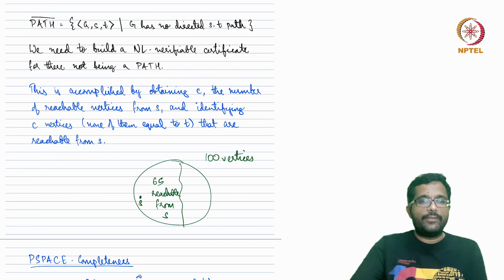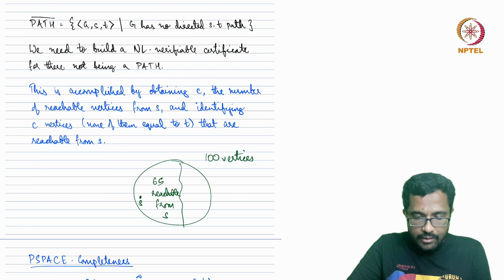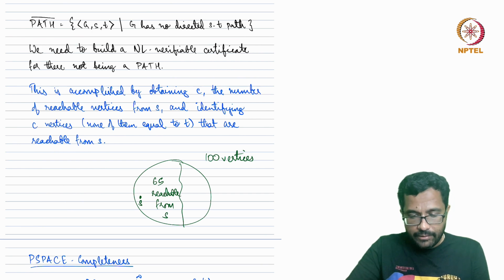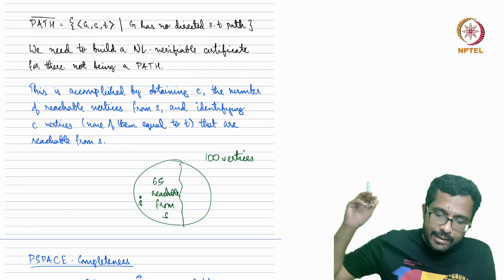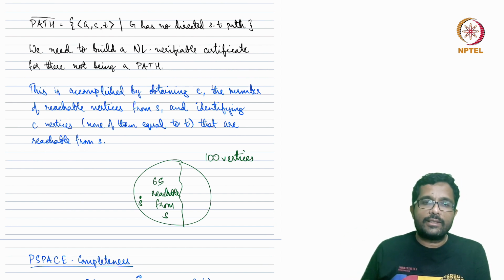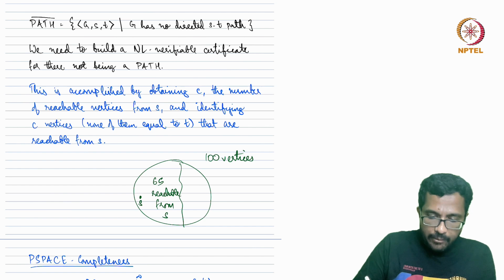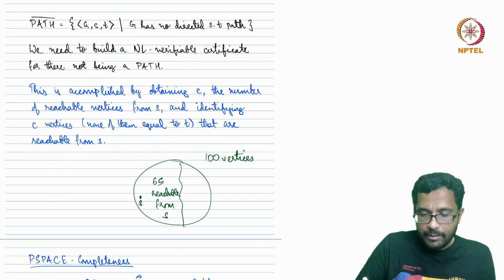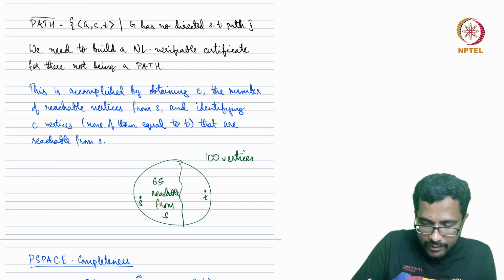S is trivially reachable from itself. So you first determine this number 65, and then you guess each of these 65 vertices and verify that each of these 65 vertices is indeed reachable, and also ensure that none of them is T, right?